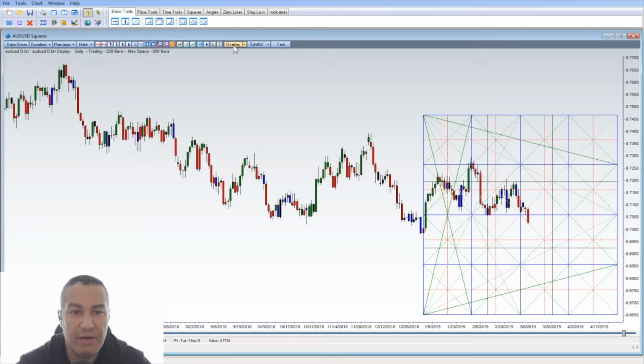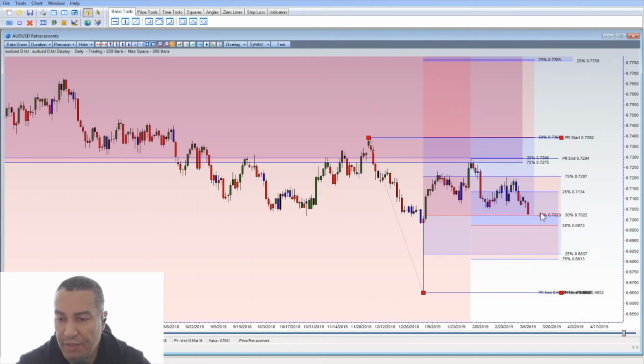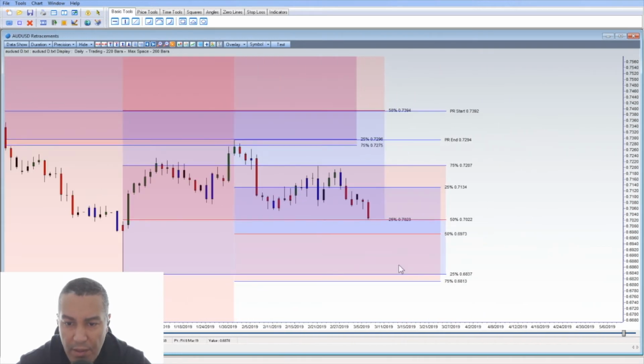So we go here. Let's go into our retracement levels, and you can see if I blow this up a little better. Right here, we kissed the 50%, and there's a 25% level. So 70.23 and 70.22 is what I call a cluster of levels from different swing points.